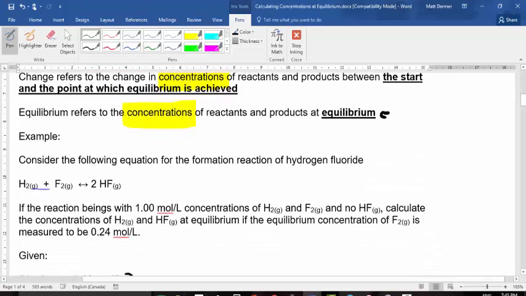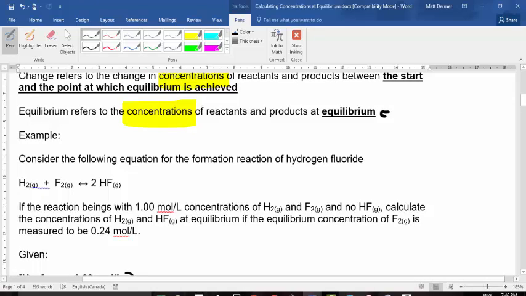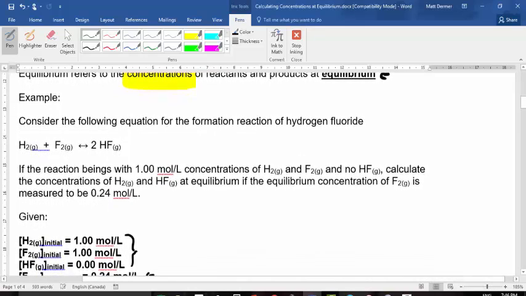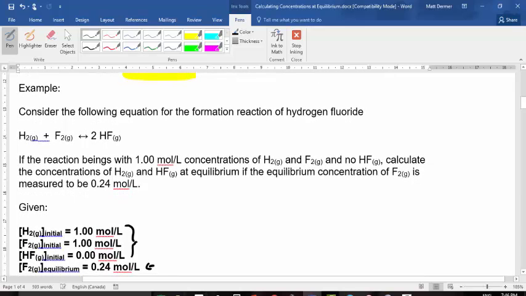Let's take a look at an example here. We're going to start off with hydrogen and fluorine reacting to form 2 moles of hydrogen fluoride. And we're told that the reaction begins with 1 mole per liter of hydrogen and fluorine gas and no hydrogen fluoride to begin with.